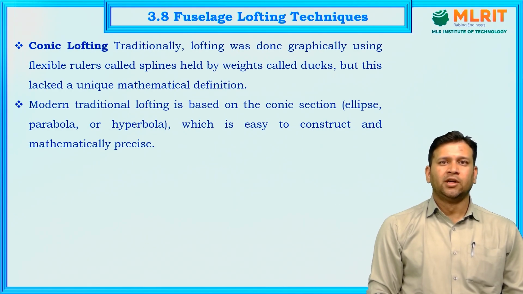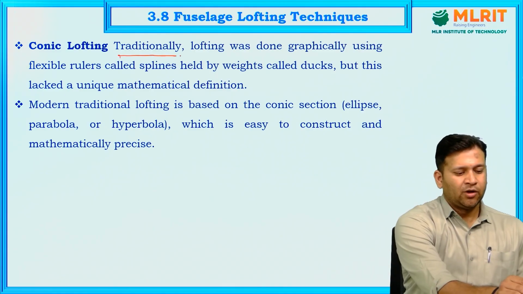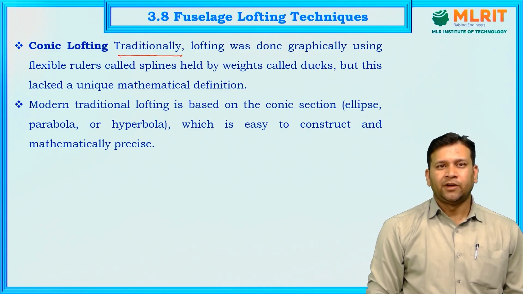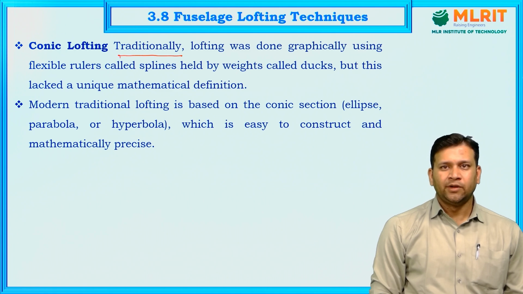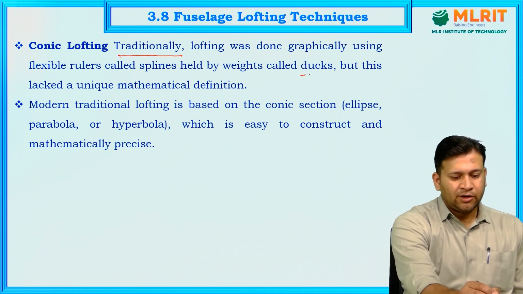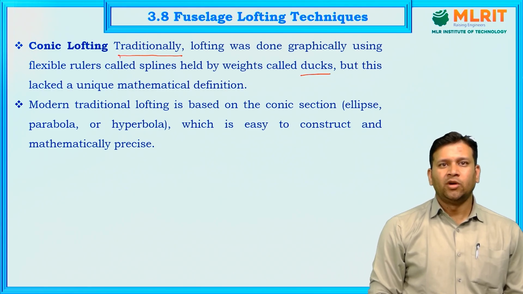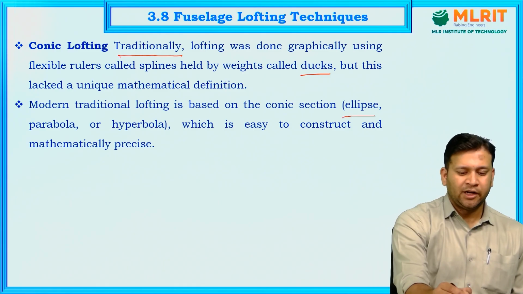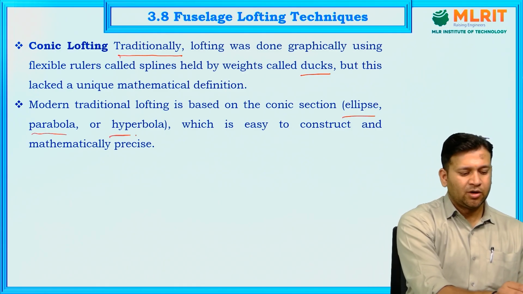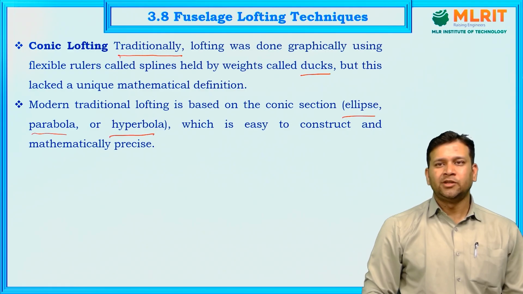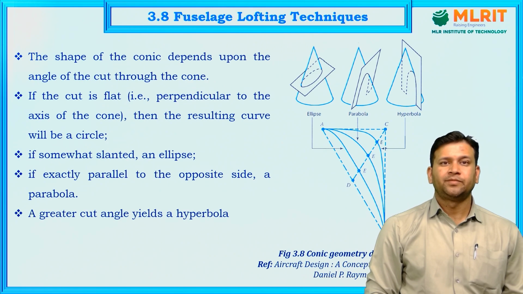Conic lofting. Traditionally, lofting is done graphically using flexible rulers called splines held by weights, which are called ducts. But it lacked a unique mathematical definition. Modern lofting is based on the conic section, which is an ellipse, parabola or hyperbola, which is easy to construct and mathematically precise in nature.